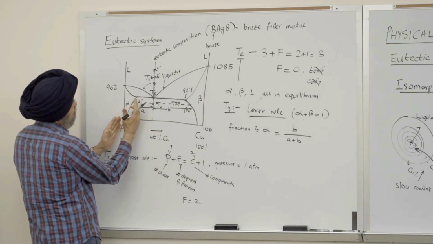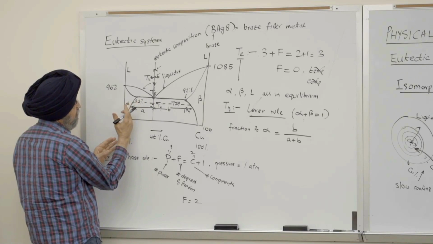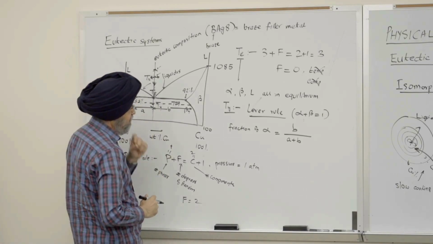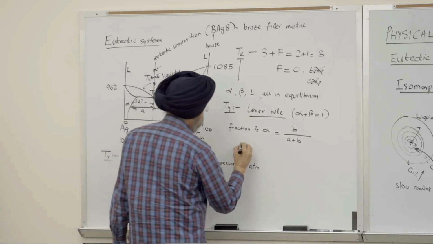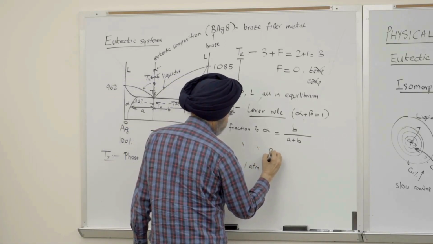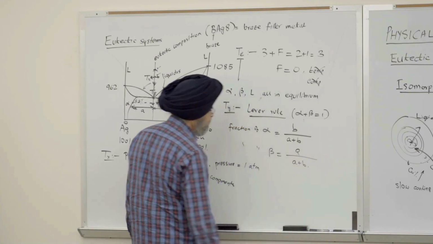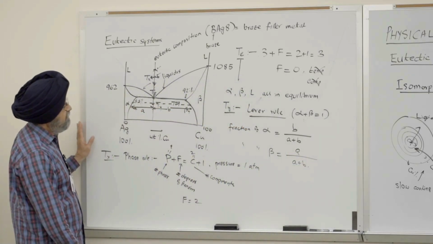In other words, as I move towards the left, I have more alpha. And as I move towards the right, I have less alpha. And of course, the fraction of beta is equal to A over A plus B. So this is the lever rule.